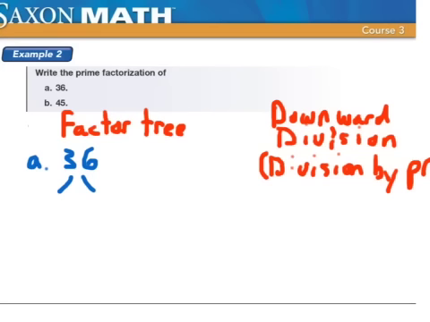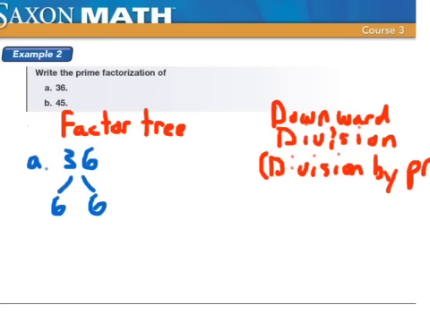So I want two numbers that multiply together to get 36. I could do 2 times 18, 3 times 12, or 4 times 9. You can pick whichever one you want. I'm going to pick 6 times 6.